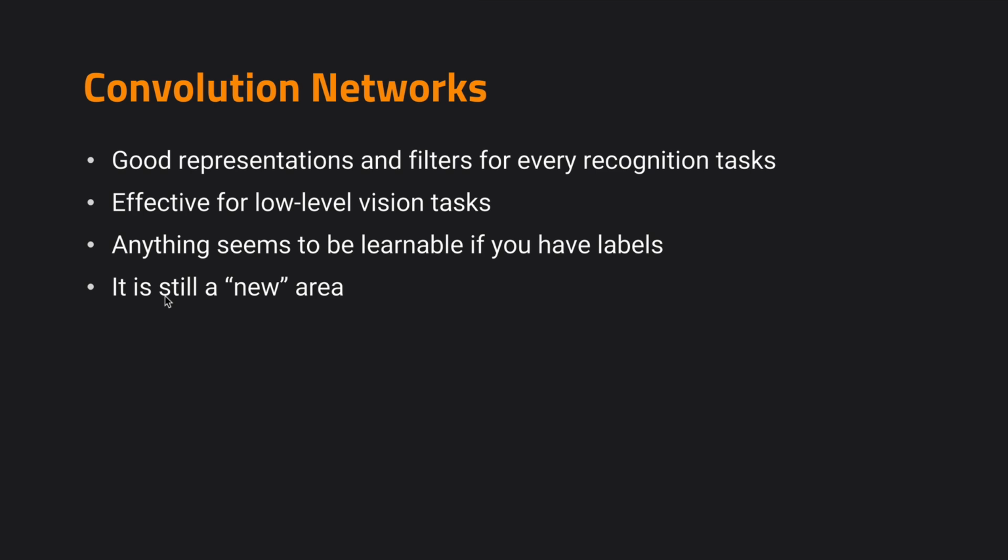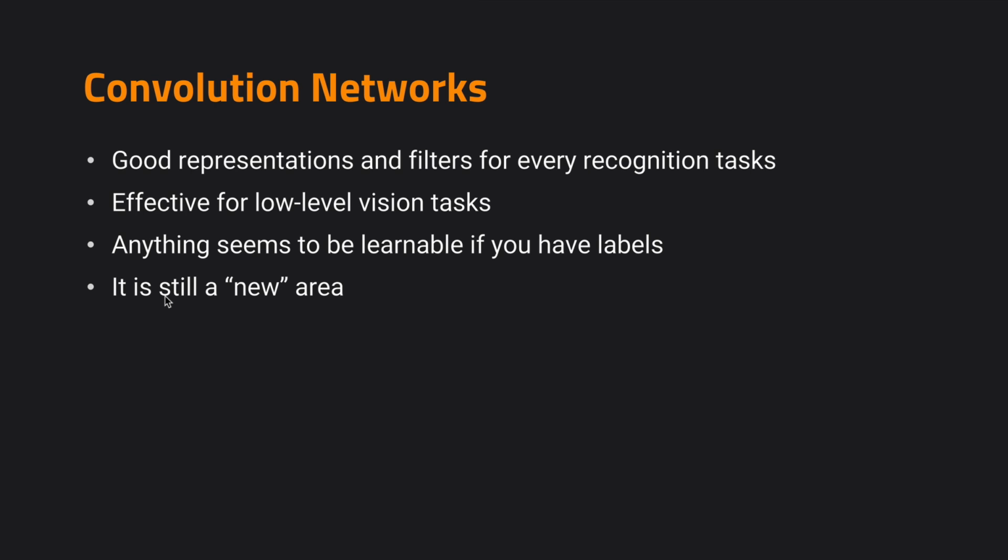And through convolutional networks together with large-scale imagery datasets, we are able to learn good representations or filters for every recognition task. So in image processing before deep learning, we have been studying and manually crafting a lot of features and filters to extract important information for high-level tasks like object detection. With convolutional networks, we are able to learn to extract those representations and filters for the recognition task.